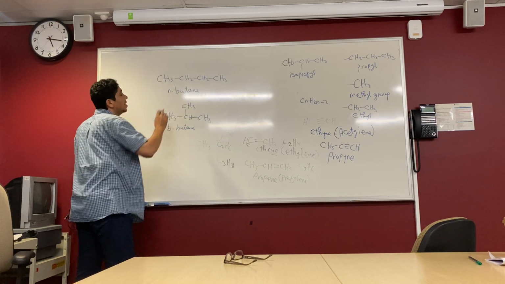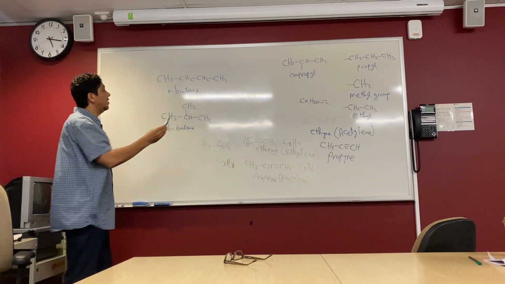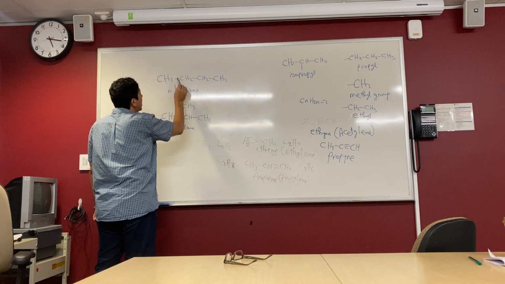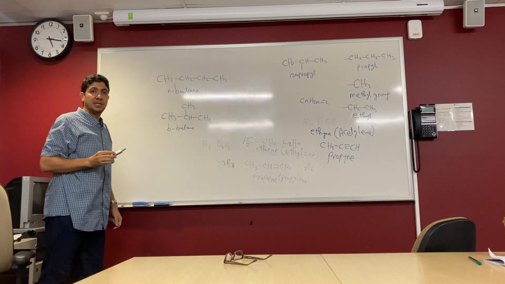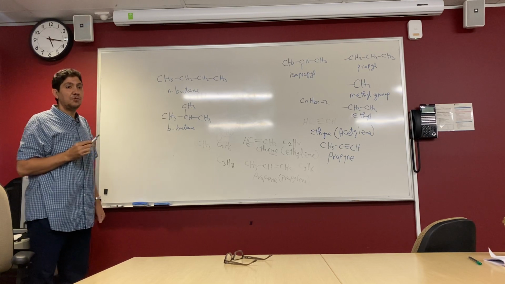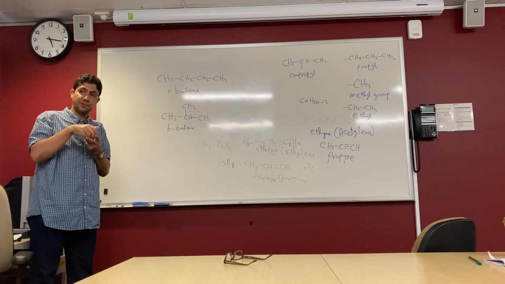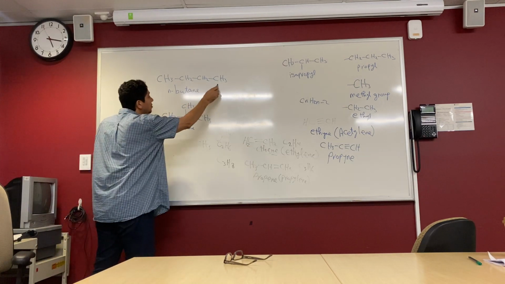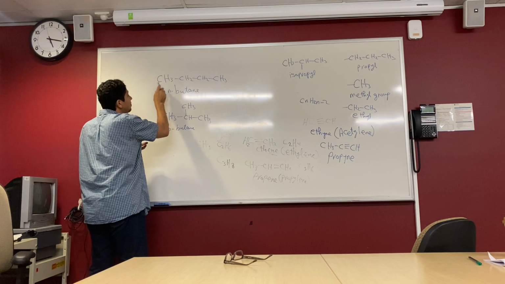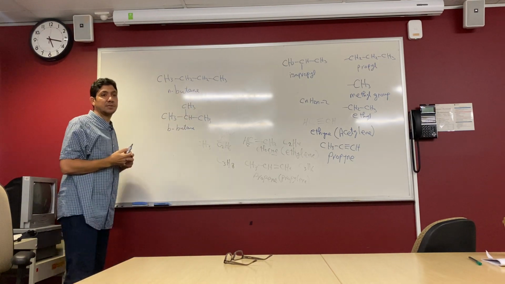How many types of carbon in normal butane? 2 types. We have 2 primary carbon and 2 secondary carbon. And how many primary hydrogens in normal butane? We have 6 primary hydrogen. Primary hydrogen atoms means attached to primary carbon. So we have 3 primary hydrogen and 3 primary hydrogen. And we have 4 secondary hydrogen atoms.